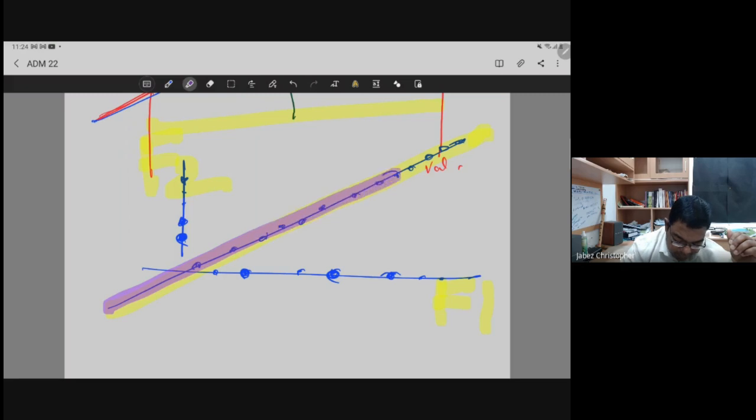I'm going to produce it only on one dimension. So my two-dimensional data set is going to be converted to a one-dimensional data set, whereby I will be able to capture most of the characteristics, features of the data set.